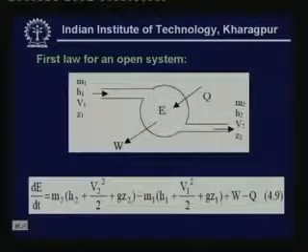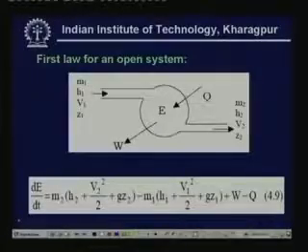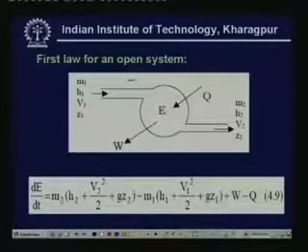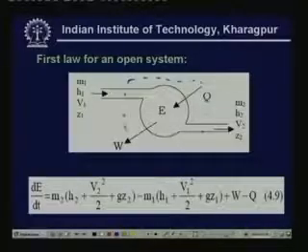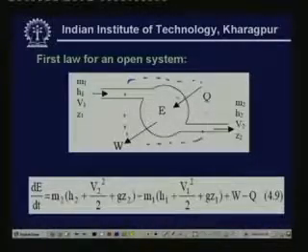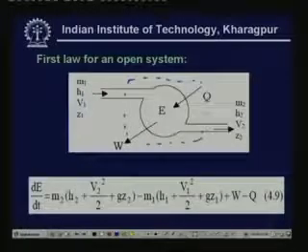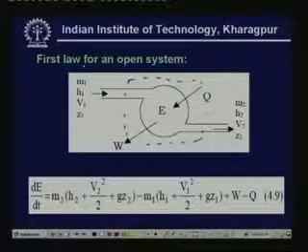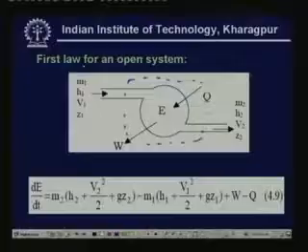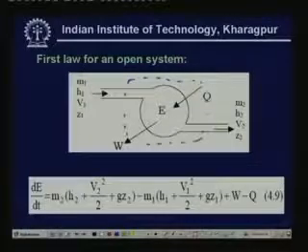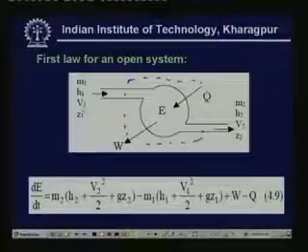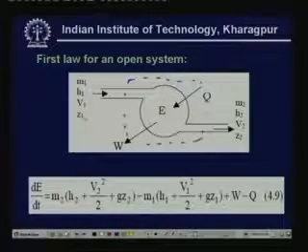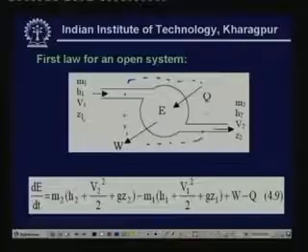Now, this figure shows the first law of thermodynamics for an open system. Here we have a control volume, and I have shown the control surface, or boundary, of the control volume. Mass is entering this control volume at a rate of m1. At the inlet it has an enthalpy of h1, its velocity is v1, and its height with reference to a datum is z1.